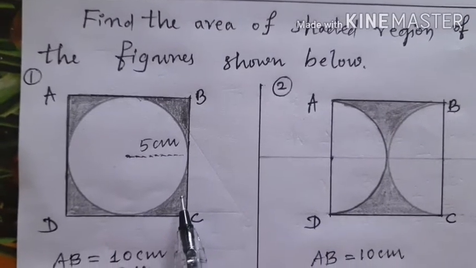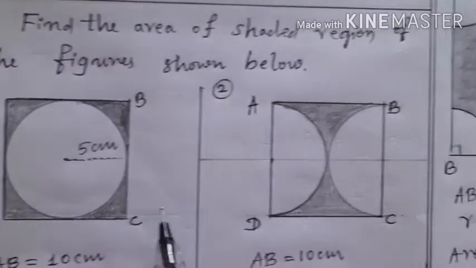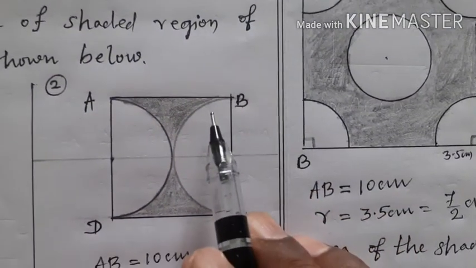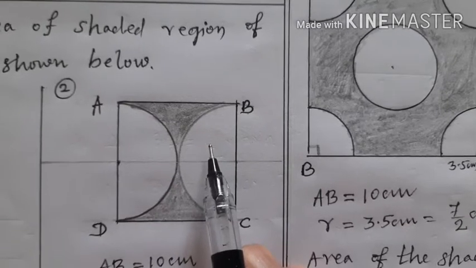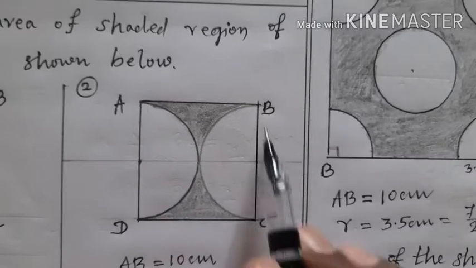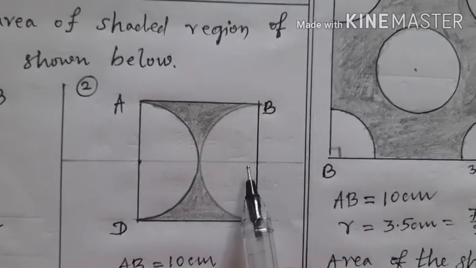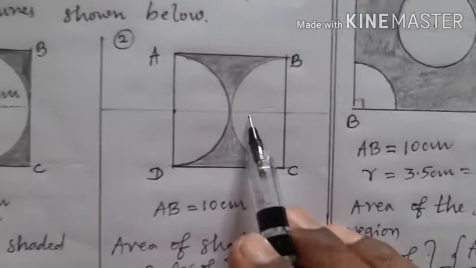We need to find the area of this shaded region. Look at figure number 2. This is also not a basic shape. This is the combination of two semicircles and a square.